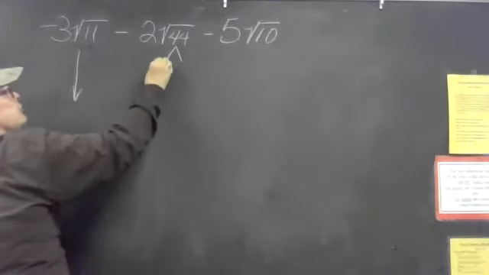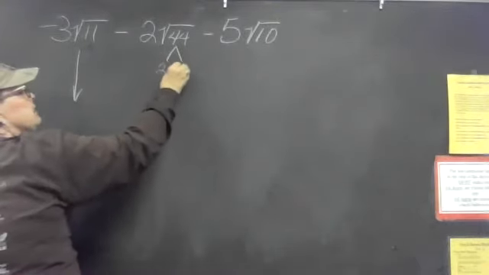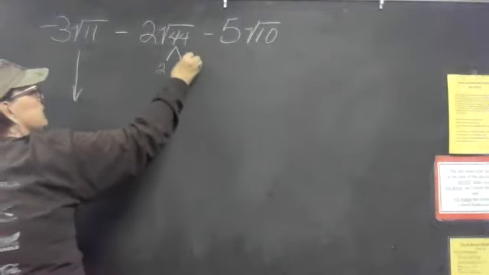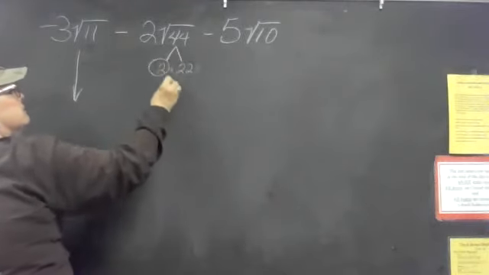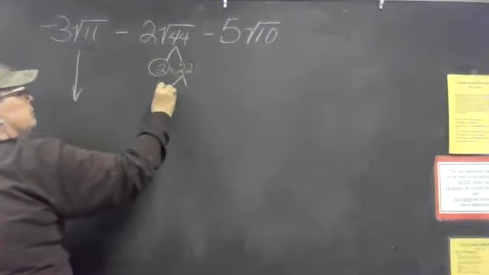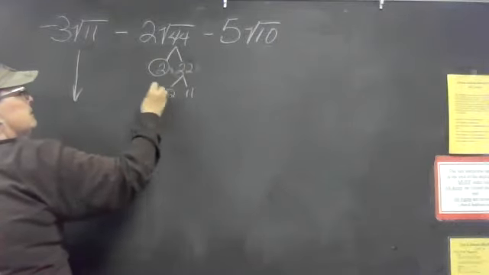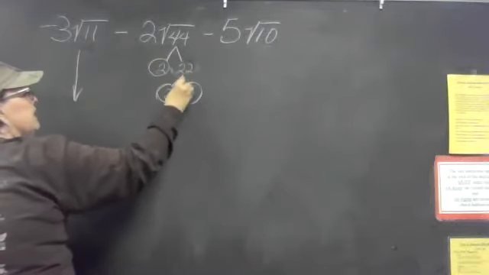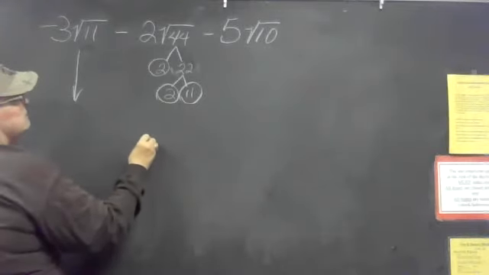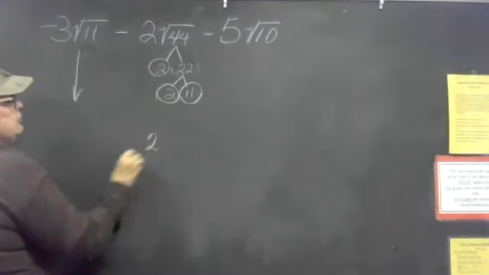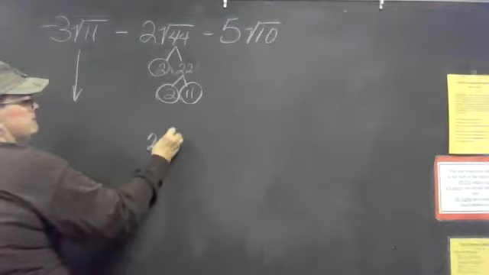So now I have 2 times 22. You can start this any way that you want to. 22 will reduce to 2 times 11. And 11 is prime. And so down here, I already had a 2 out front.